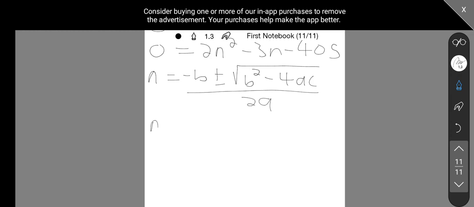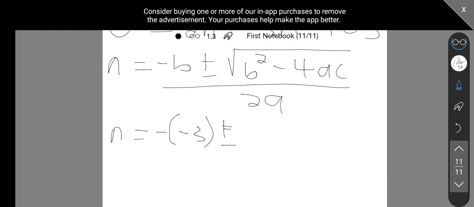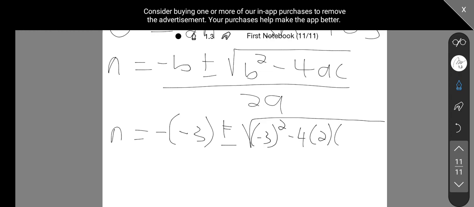In this case, our b is negative 3, so n is equal to negative negative 3, plus or minus the square root of negative 3 squared minus 4 times a, that is 2, times c, that is negative 405, and then we're going to divide by 2a, which is 2 times 2.